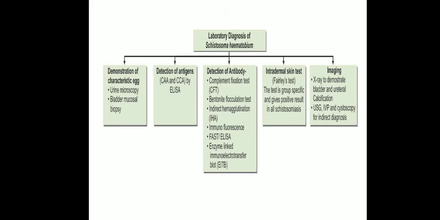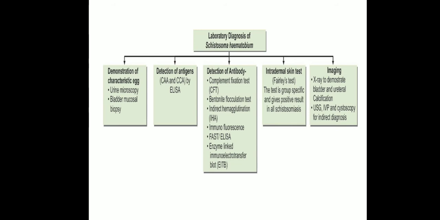Then coming up next we have the lab diagnosis of Schistosoma haematobium. So here it is divided into different categories, or you can perform different methods for detecting the parasite.